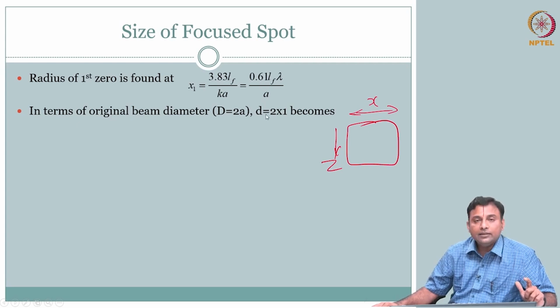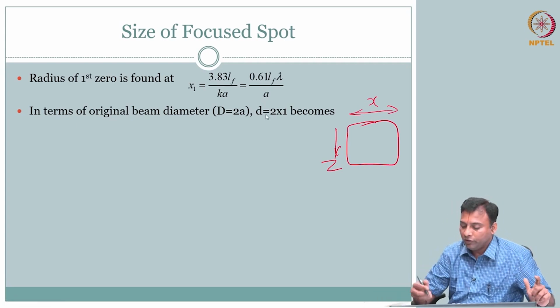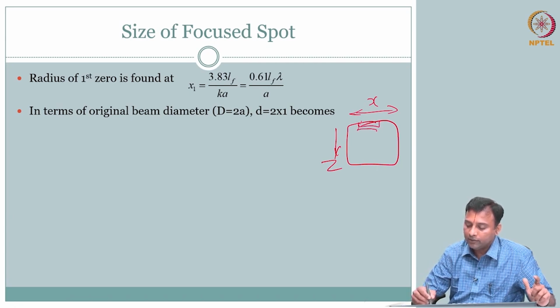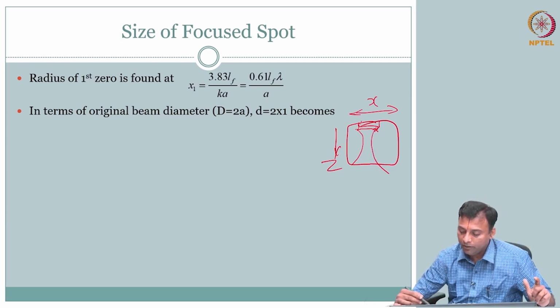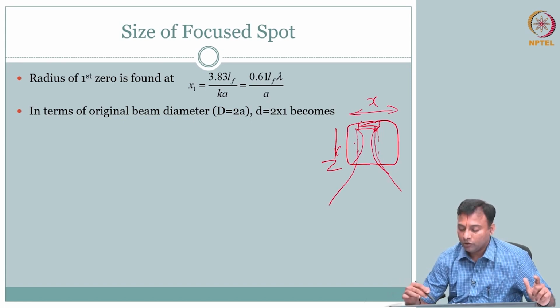So your width, it is trying to focus. So this was your transducer, there is a lens, this lens is trying to reduce the divergence. It would have diverged before, it will be parallel like this, and then it will diverge. This is what we had before. We wanted to have this divergence be less by having a transducer of larger dimension, but if you do that, you will have more area.